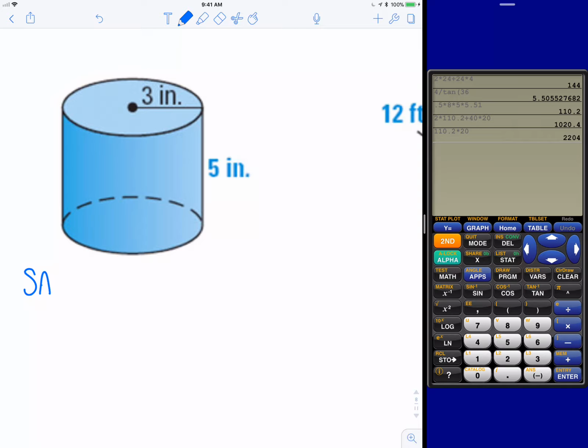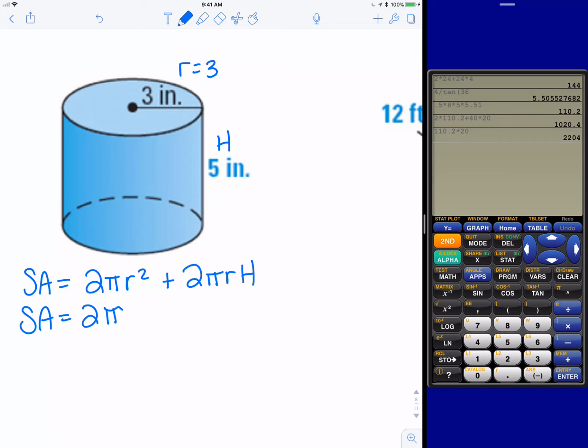So the surface area equals 2 times pi r squared plus 2 times pi r height. All I need to know is the radius is 3 and the height of the cylinder is 5. So surface area equals 2 times pi times the radius squared plus 2 times pi times the radius times the height.